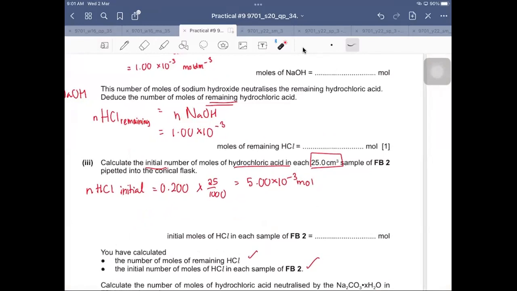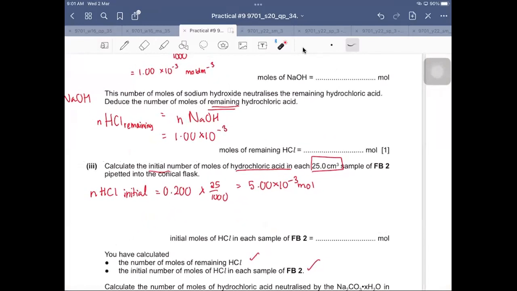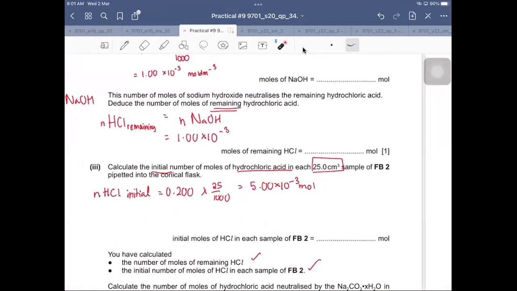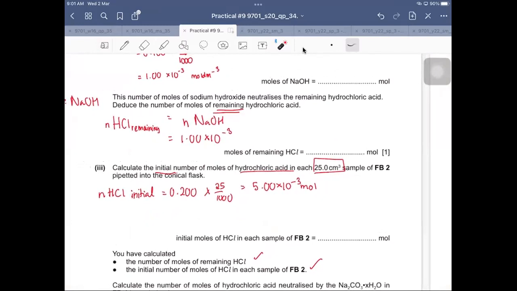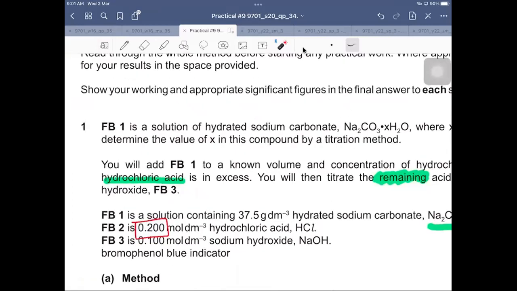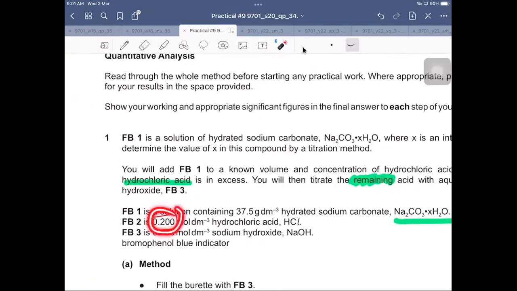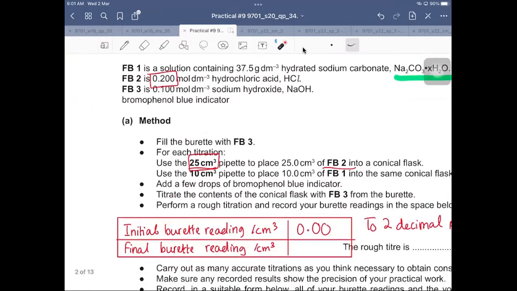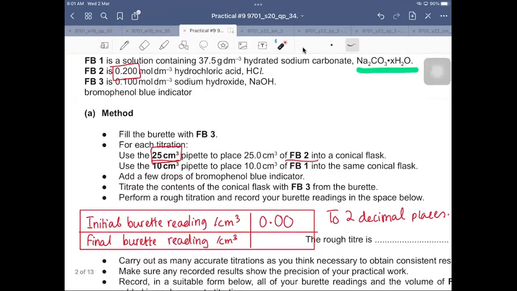Calculate the initial number of moles of hydrochloric acid in each 25 cm³ sample of FB2. When we go to the first part, FB2, we know the concentration, and we also know the volume of FB2 being used, which is 25 cm³.